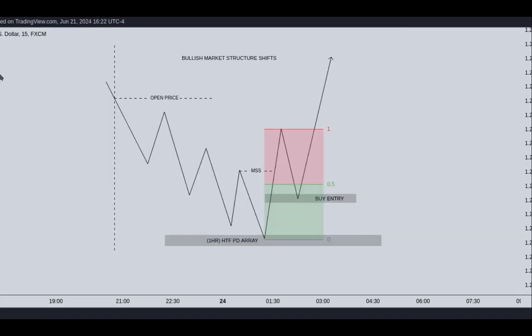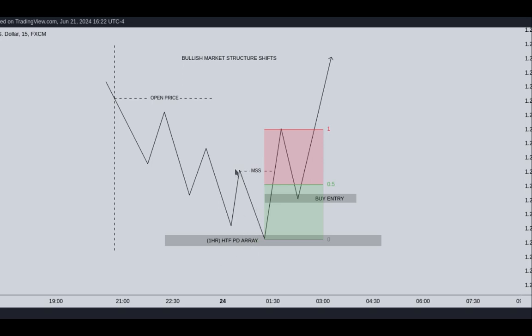When price drops into this higher time frame PD array, you wait for it to shift structure. So it should break the last swing high before dropping into this higher time frame PD array.